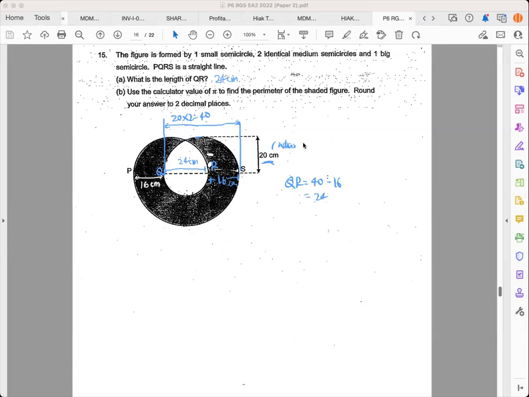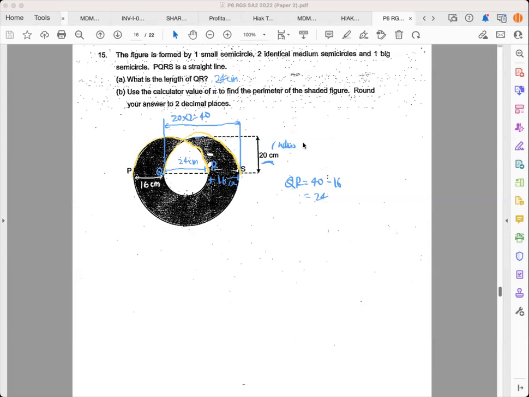Now let's look at using the calculator value of pi to find the perimeter of the shaded figure. So the perimeter of the shaded figure consists of this. It consists of half the circumference of one medium semicircle plus half the circumference of the other identical semicircle, and these two will add up to one full circumference of the medium circle.